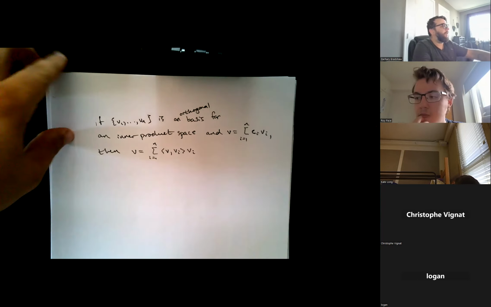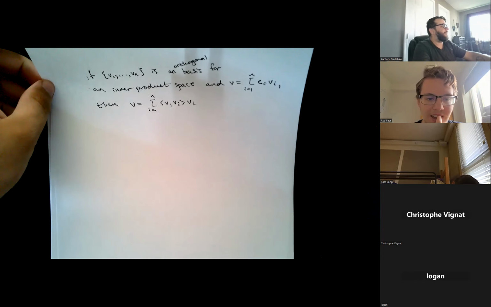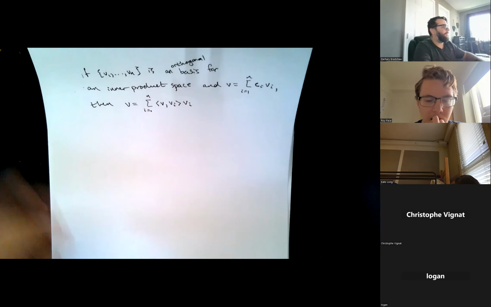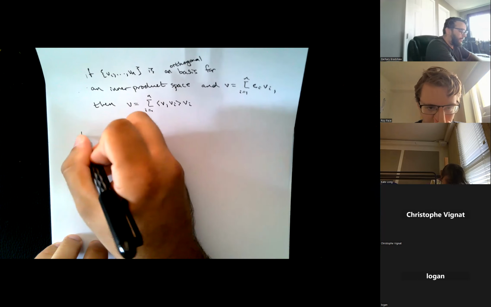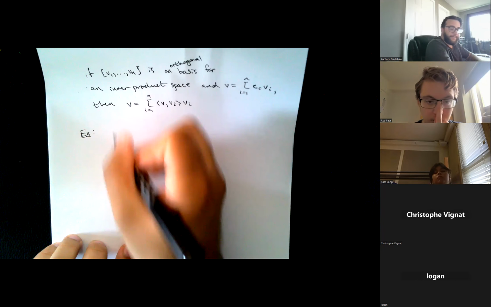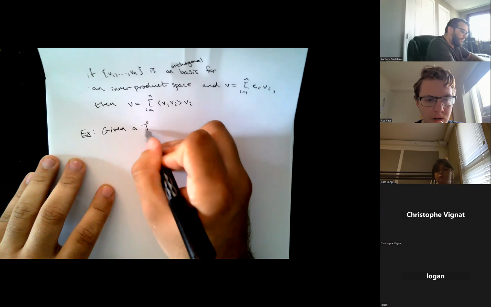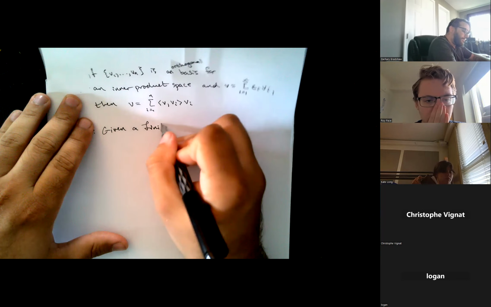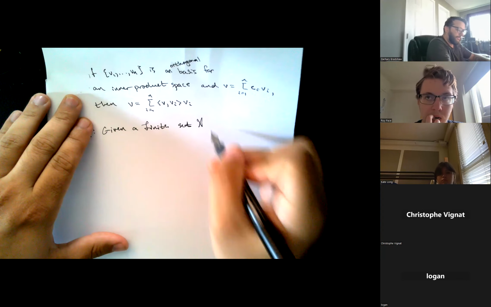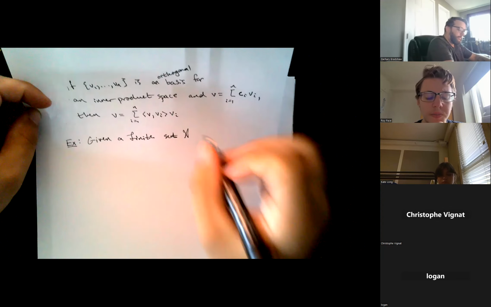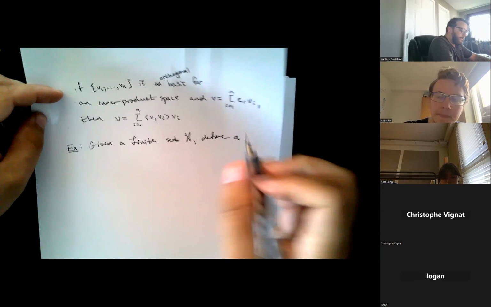Okay, we will make frequent use of the following vector space, which maybe many of you haven't seen before. It's going to look a little weird. Given a finite set X, define another set.